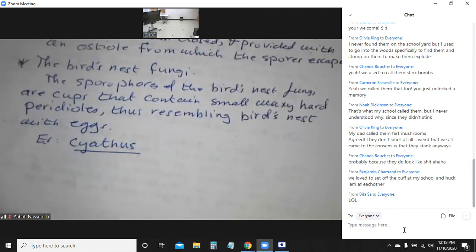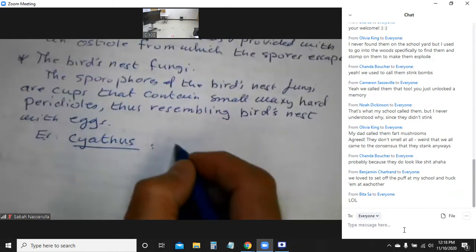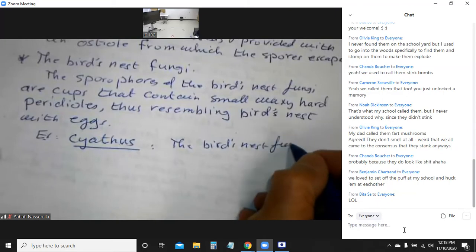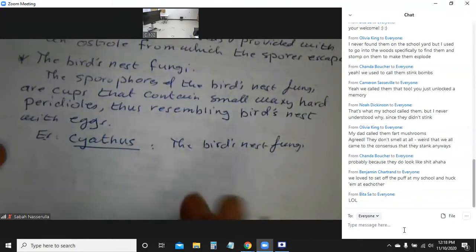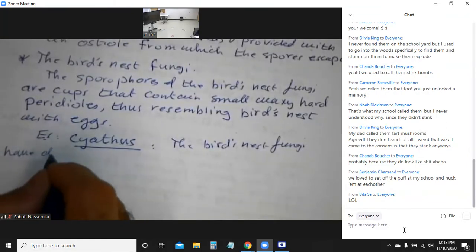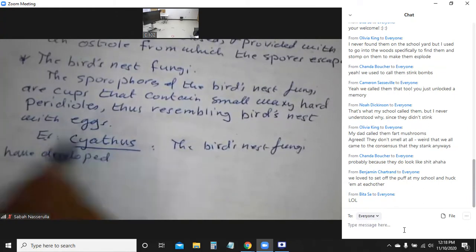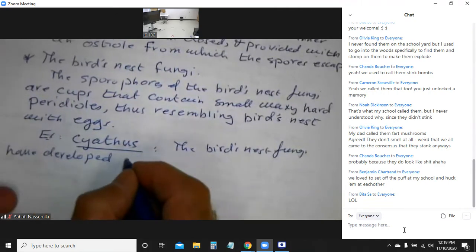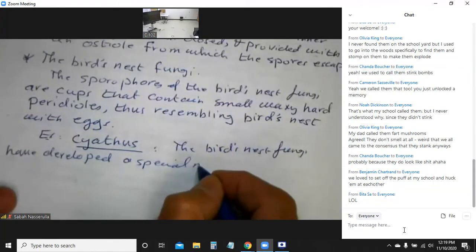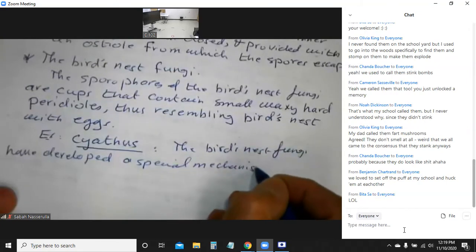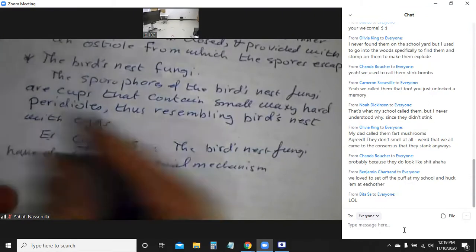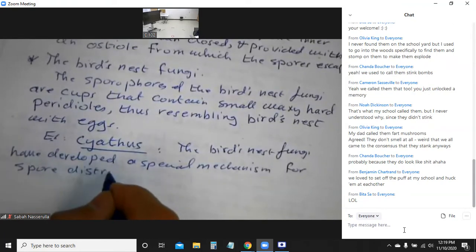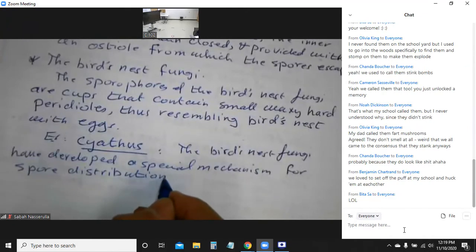So, as mentioned here, the bird's nest fungi have developed a special mechanism for spore distribution.